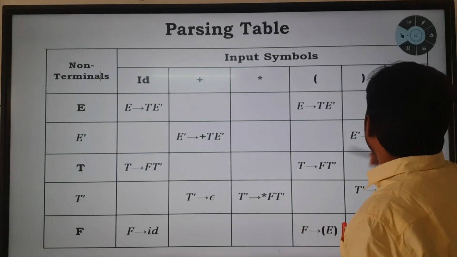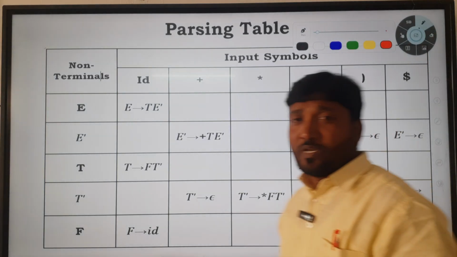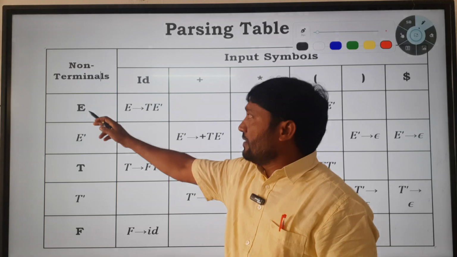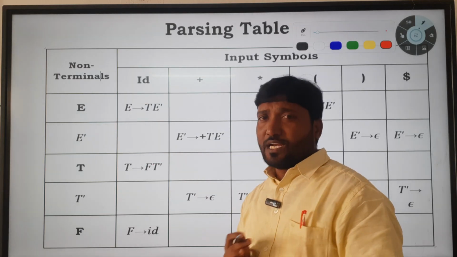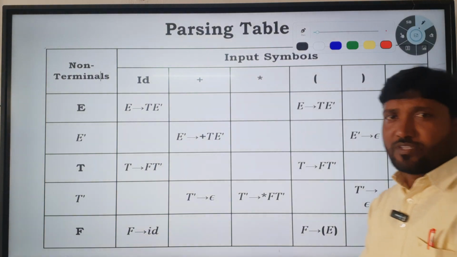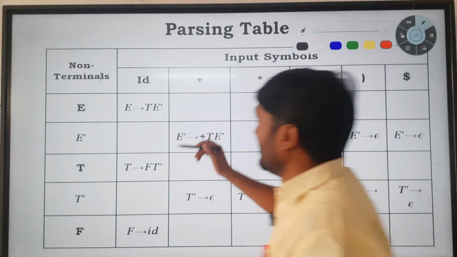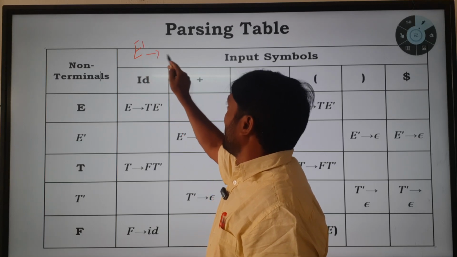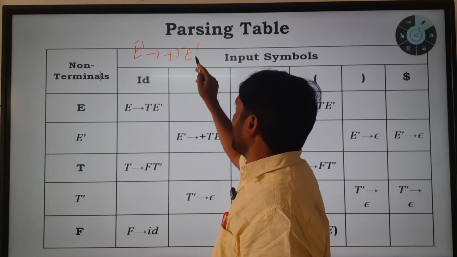So, what is the particular predictive LL parser here? For the first production, you already know that M of E comma id can be filled with E derives T E dash, and open bracket with E derives T E dash. What is the second production here? That is E dash derives plus T E dash.